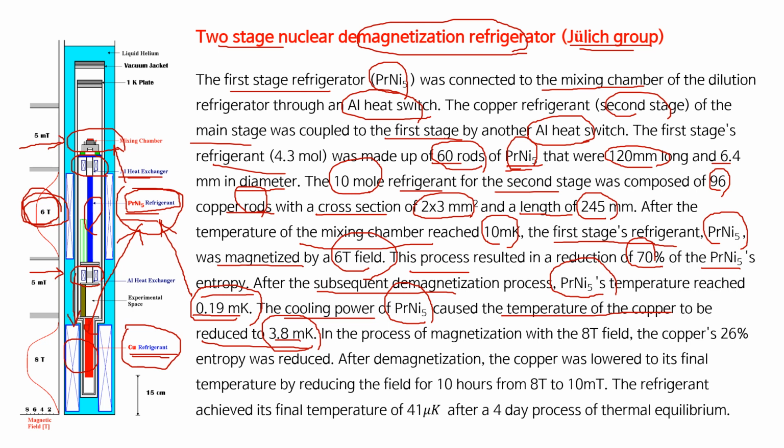In the process of magnetization with 8 Tesla field, the copper's 26% entropy was reduced. After demagnetization, the copper was lowered to its final temperature by reducing the field for 10 hours from 8 Tesla to 10 millitesla.